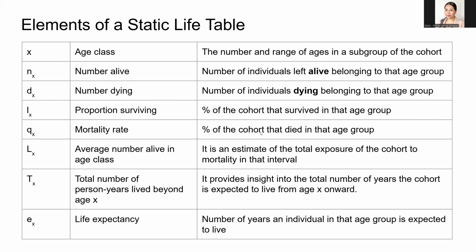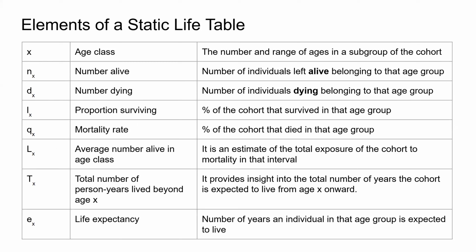Now, these are the key numerical values that are computed when you are creating a static life table. The first is age class, indicated by X. It's the number and range of ages in the subgroup of the cohort. So for example, 0 to 5 years old, 5 to 10 years old, 10 to 15 years old, yun yung age class.